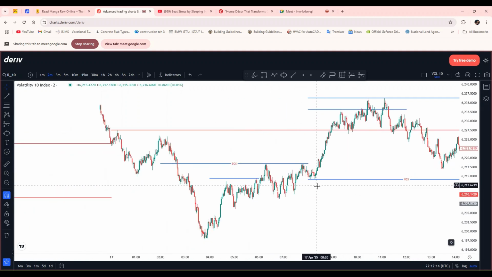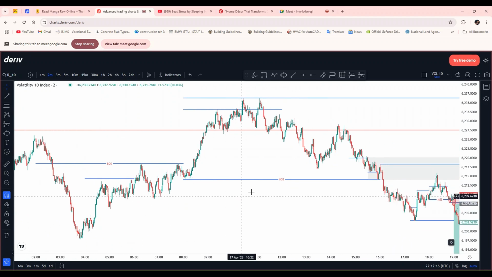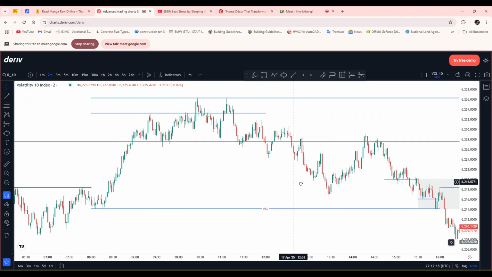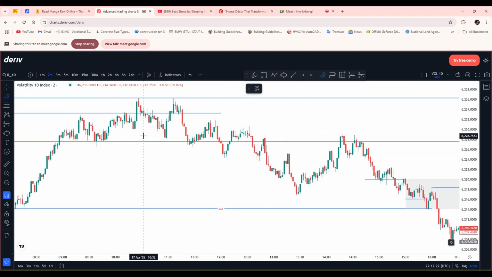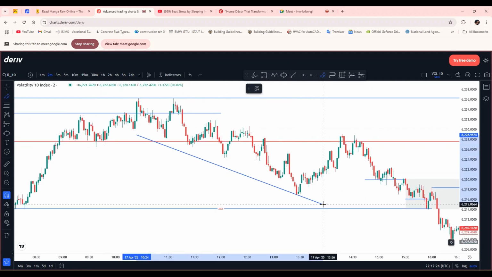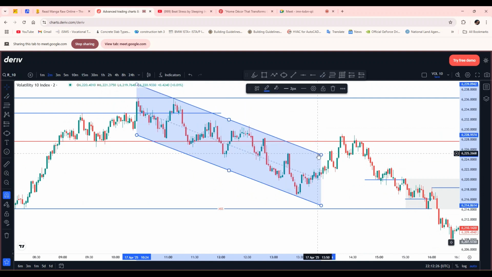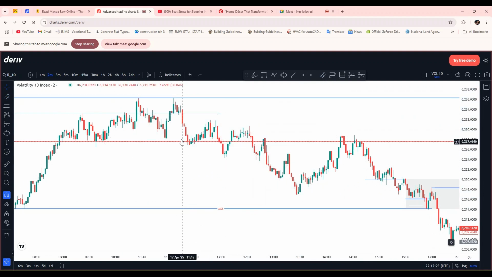You can just use them as a marker, just to identify, because essentially, just looking at the market here, you can already identify that this is a downtrend. This is also a downtrend. We also have a downtrend right here. This is also a downtrend in the market.